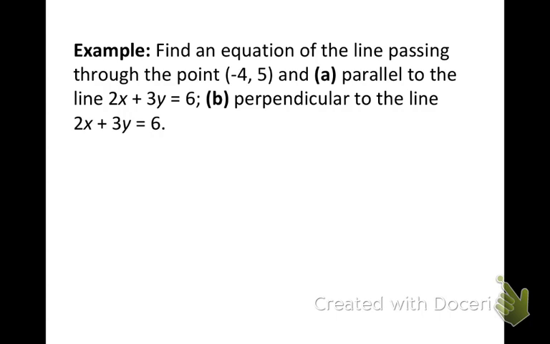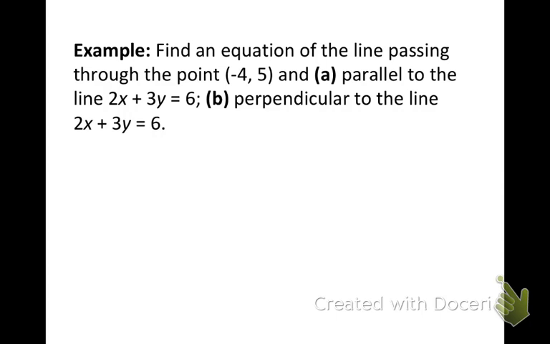If I graph this line really quickly and lazily, what's my x-intercept? 3. What's my y-intercept? 2. So I've got this line, right? What I need to find is the equation of a line that passes through the point (-4, 5), which is, let's say, right here.